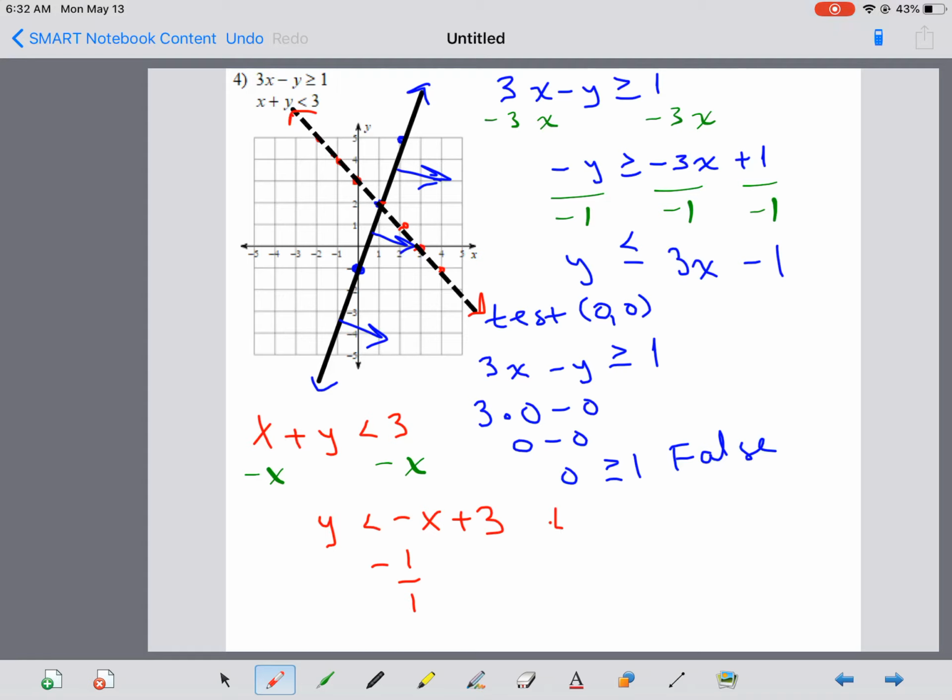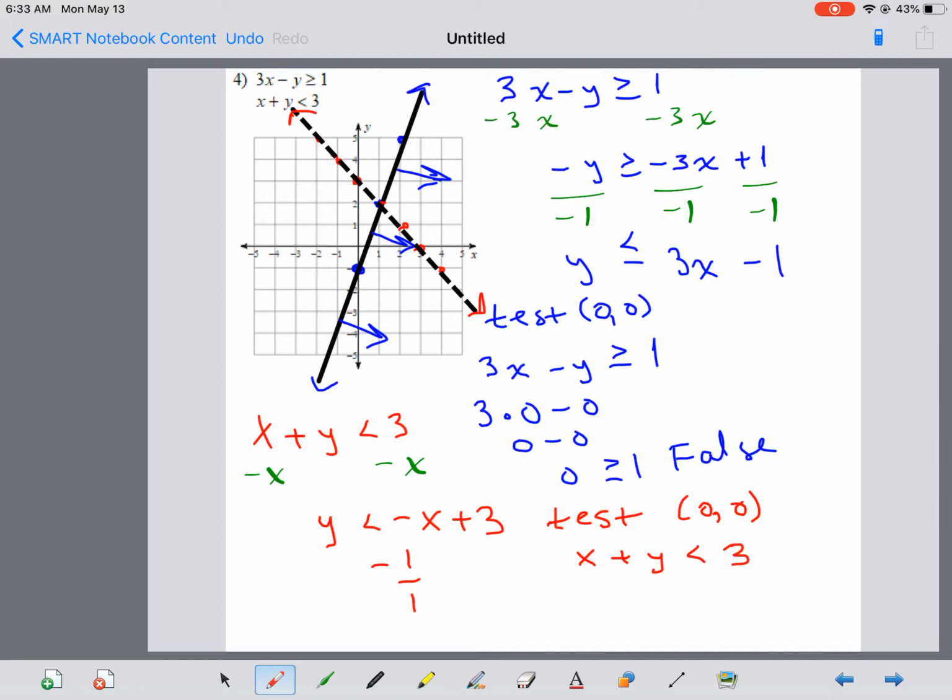And again, we have to test the point 0, 0 to figure out which side of our dashed line has to be shaded. So using our original inequality, x plus y is less than 3.